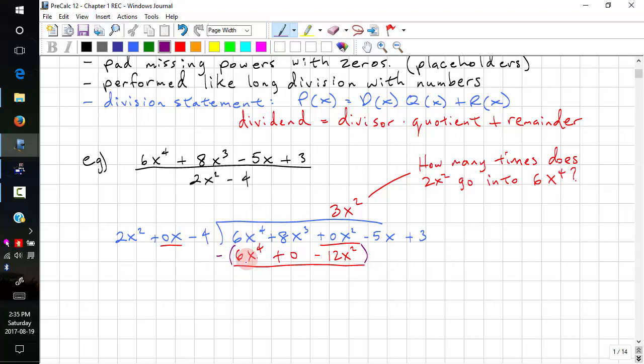This should end up being 0, and we don't have to put anything there. 8x cubed minus 0 is 8x cubed. And we have 0x squared minus negative 12x squared, so that's plus 12x squared. A negative minus a negative is positive. And we bring down our next term.